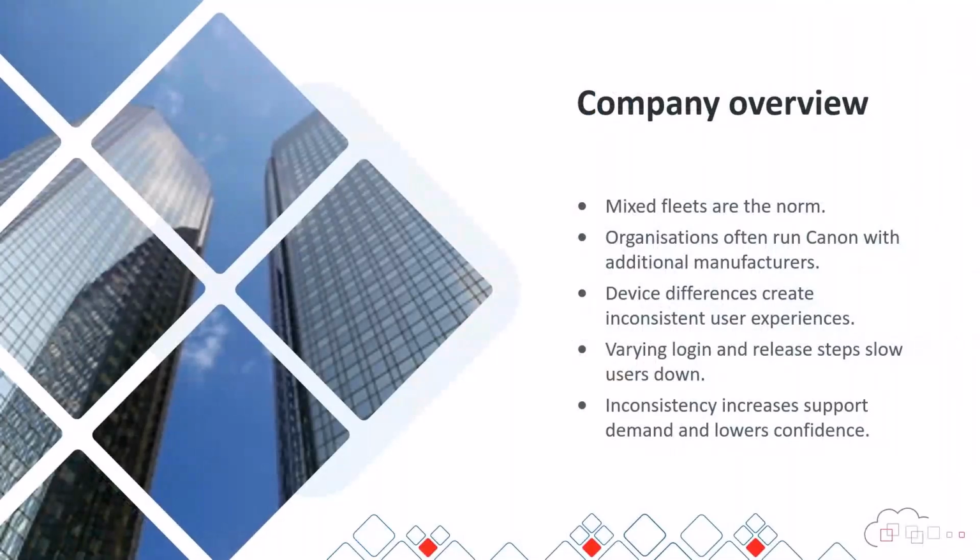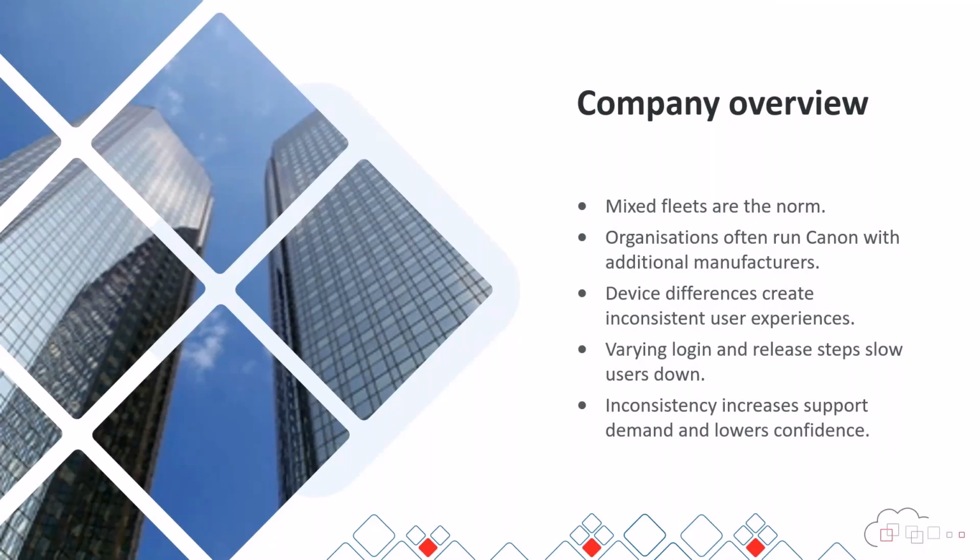Now, in many organizations, printer fleets grow over time rather than being designed in one go. Different vendors are added to support departments, remote offices, or locations that come through acquisitions. Now, from the outside, the environment looks manageable, but underneath, it's a mix of devices with different behaviors and expectations. Users move between printers that don't work in the same way, even though they are part of the same organization.